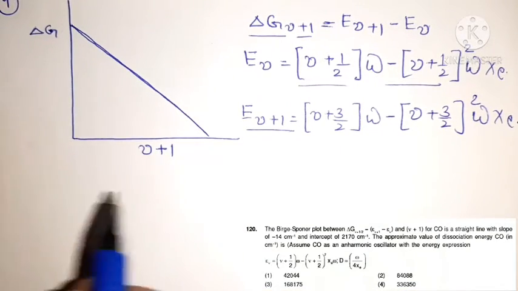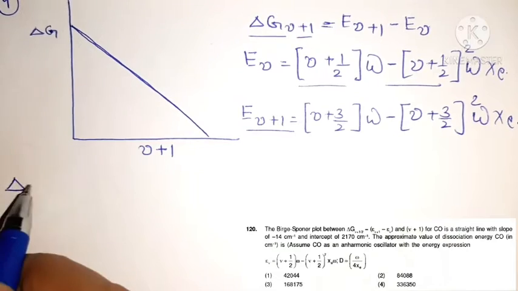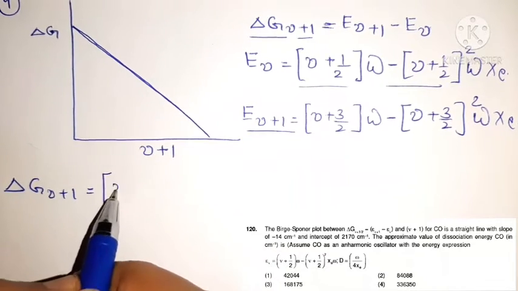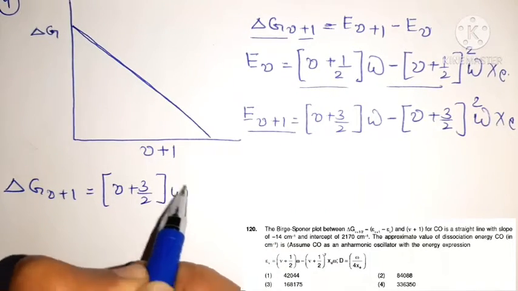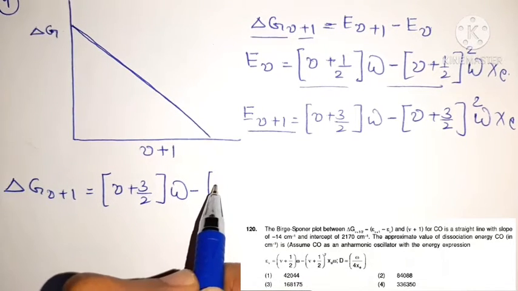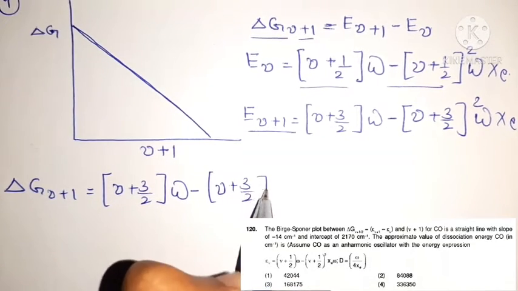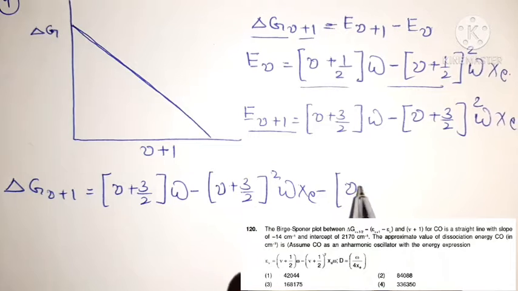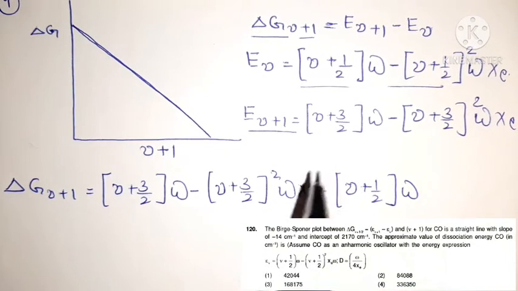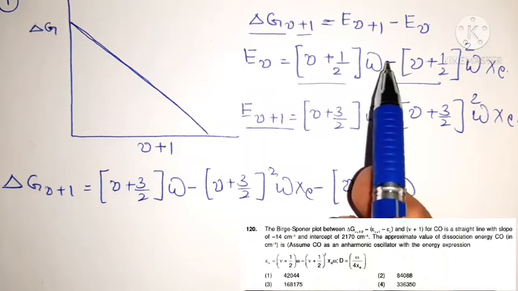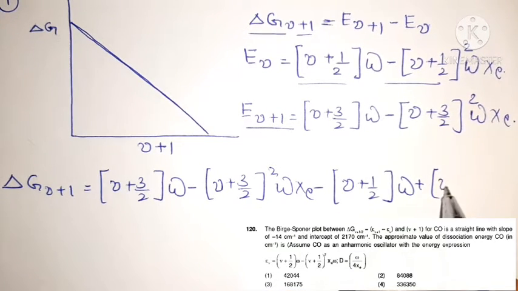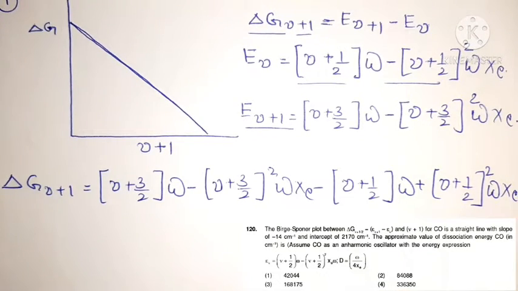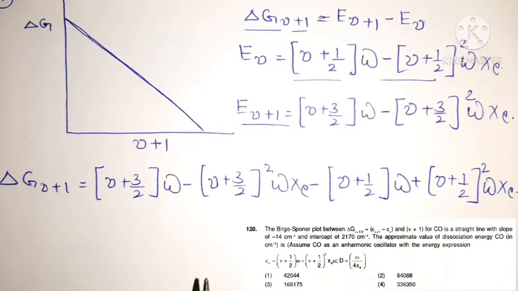So from this expression, delta G nu plus 1 will be equal to (nu plus 3 by 2) omega minus (nu plus 3 by 2) whole square omega xe minus (nu plus 1 by 2) omega, and this minus and minus will become plus, so plus (nu plus 1 by 2) whole square omega xe. This is the whole expression.